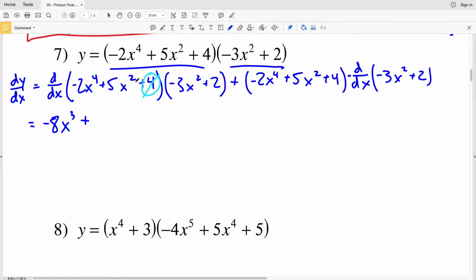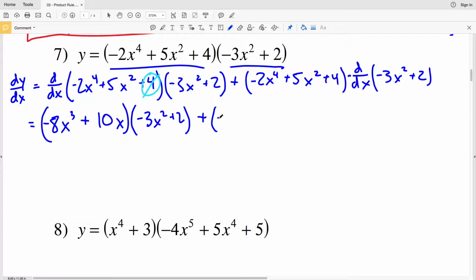And I'll be adding that to 2 times 5, and then that degree will get subtracted by 1. So 2 times 5 is 10, and x to the 2 minus 1 is x to the first, which is x.